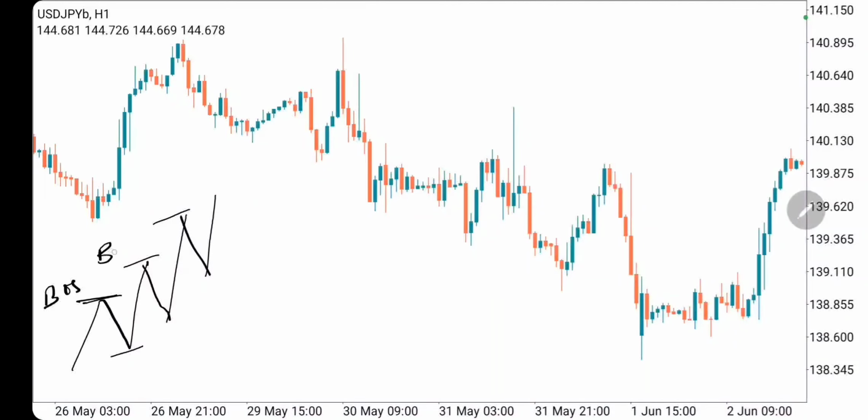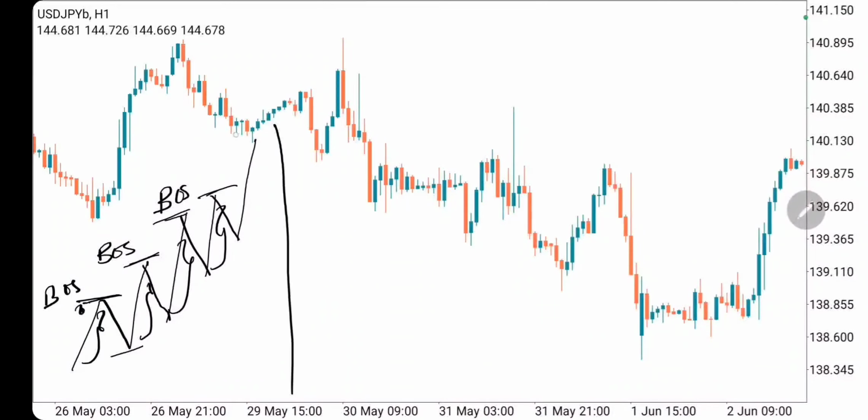This is another break of structure, and another. Each of these is a price range which price broke out of. So that is a break of structure. Like in this case, this is a break of structure to the downside.